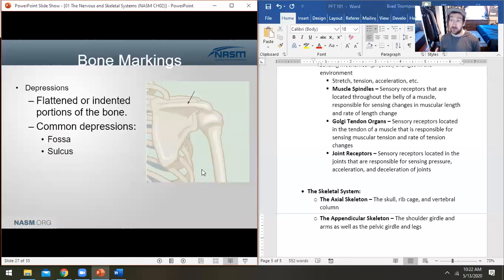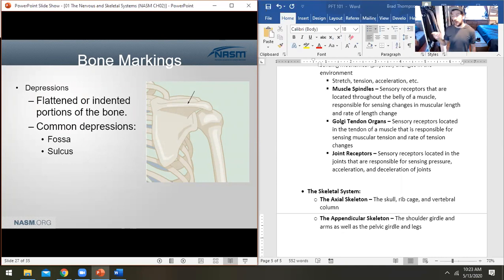Now, when we talk about bone markings, these are some of the things we mentioned briefly in kinesiology. Your bone markings, the unique markings that they have, allow your muscles to have something to grip onto. I always picture a rock climbing wall in my head, which allows you to get a good grip when you're climbing up that wall. That's what depressions and processes are.